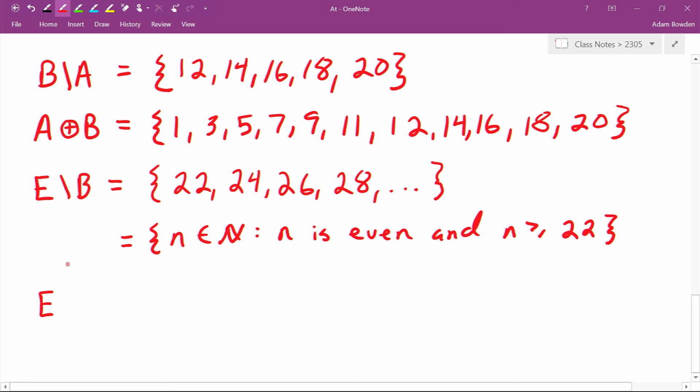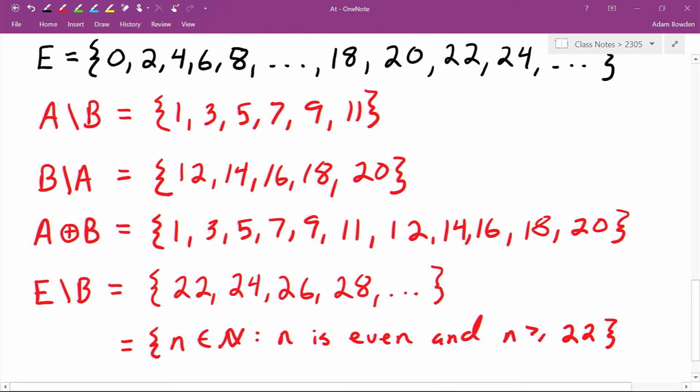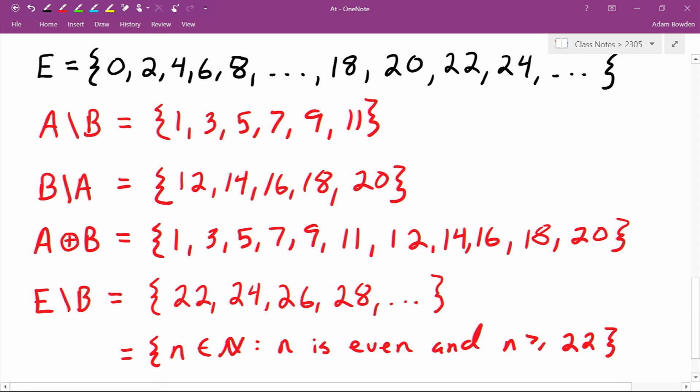Now let's do the complement here of the natural number set complement with E. That means we're going to take away all the numbers from the natural number set that are contained within E. E contains the even values, if I scroll back up here, all the way from 0 on from there, so all the even numbers in the natural number set.